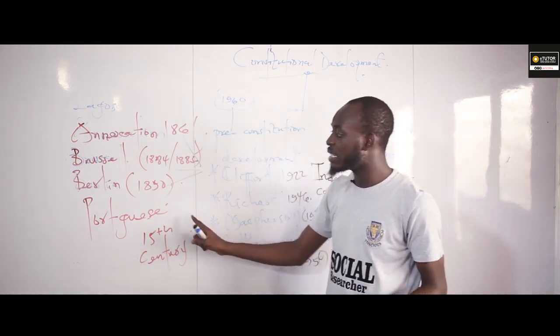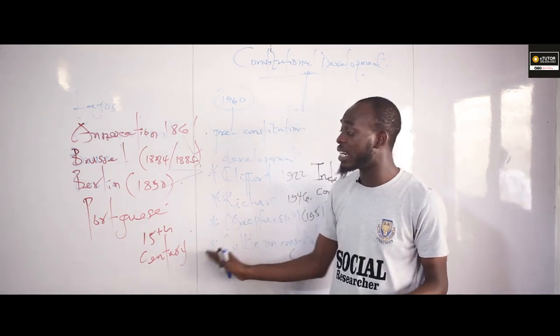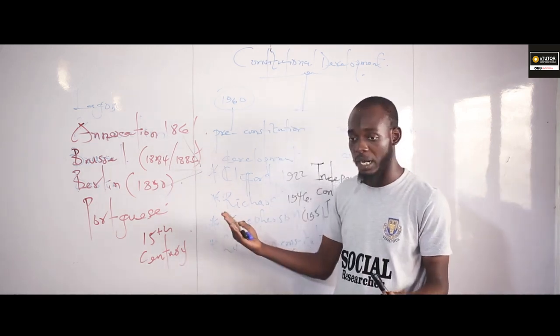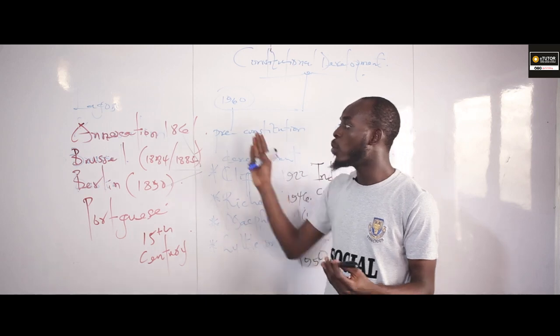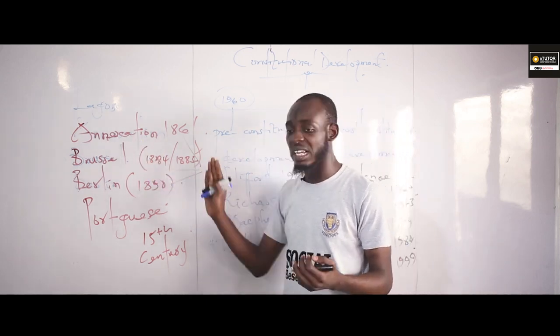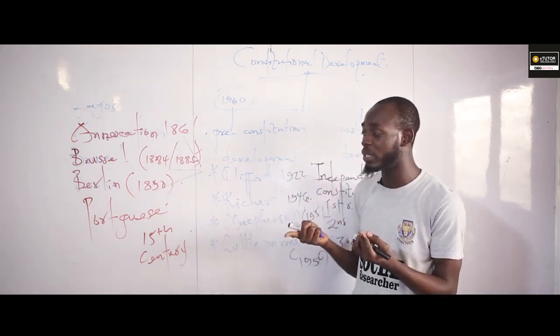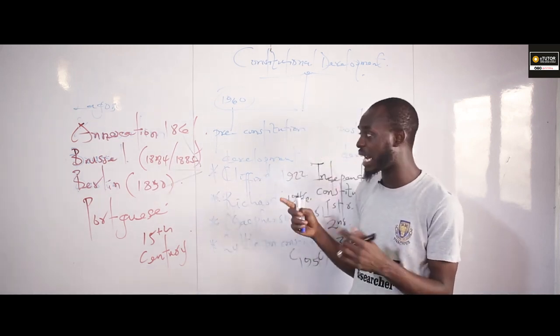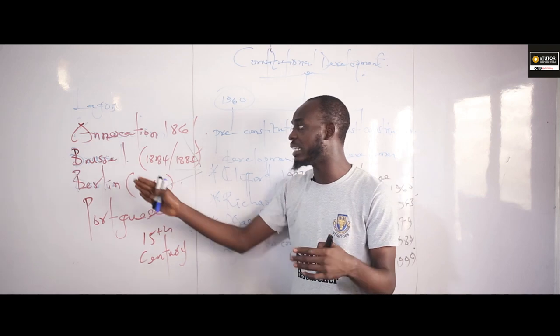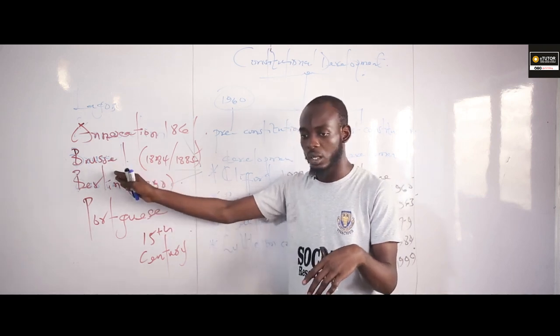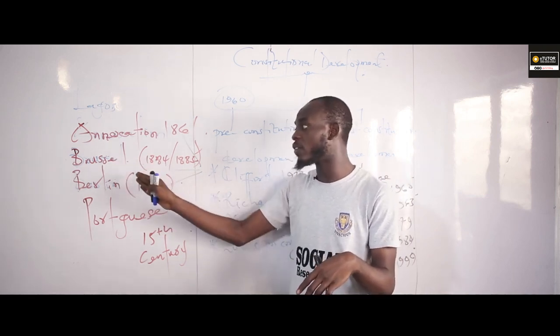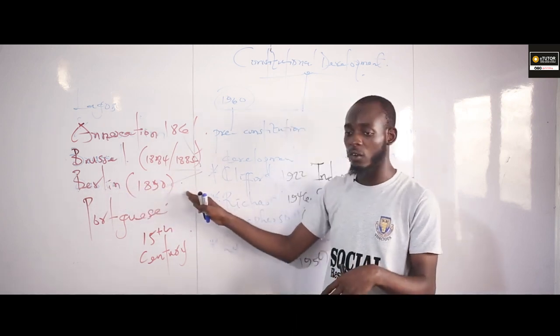So based on that, the Portuguese made the earliest contact and then went back. After that time, we had the British annexation. That is, they made Lagos the headquarters of the British colonial masters, after it was decided in the Brussels Conference. After the Brussels Conference, we had the Berlin Conference.